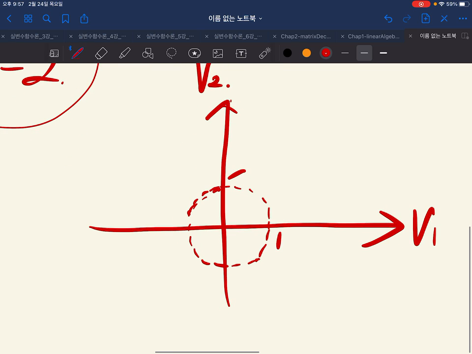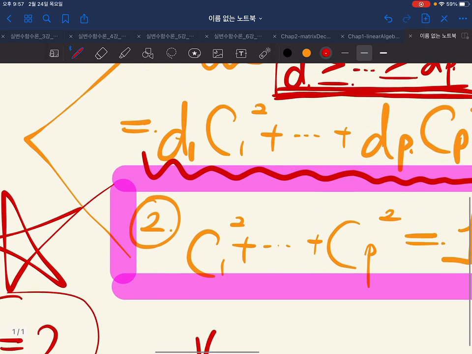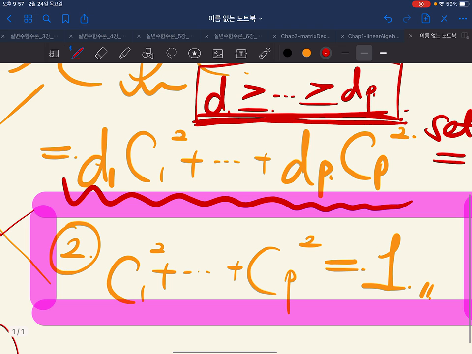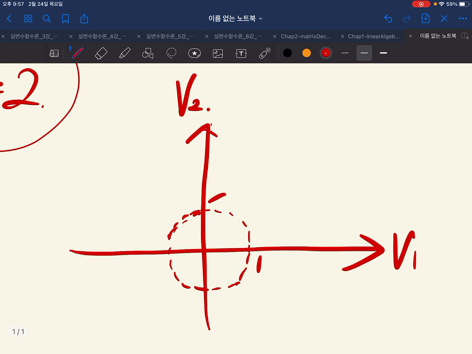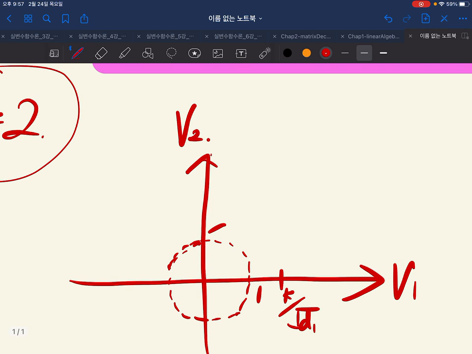So let's say this is the k over square root of d1, and this is the k over square root of d2.